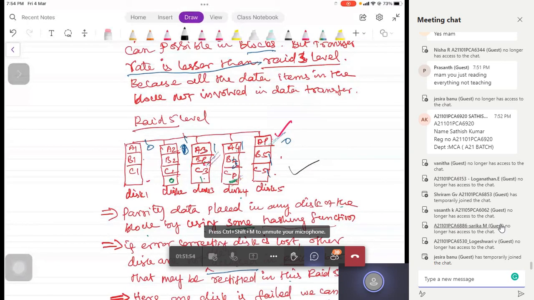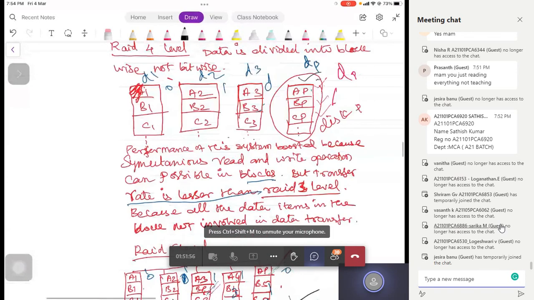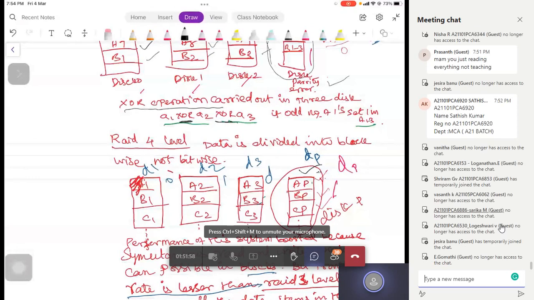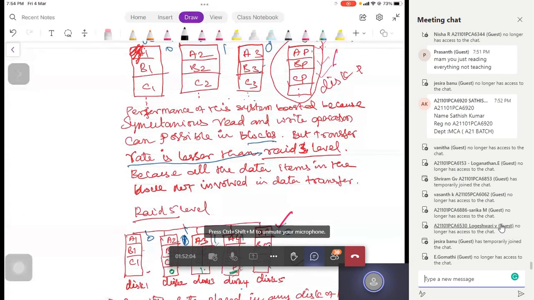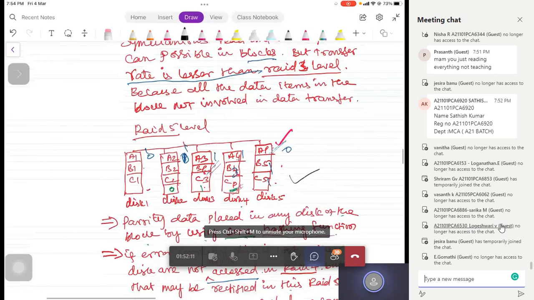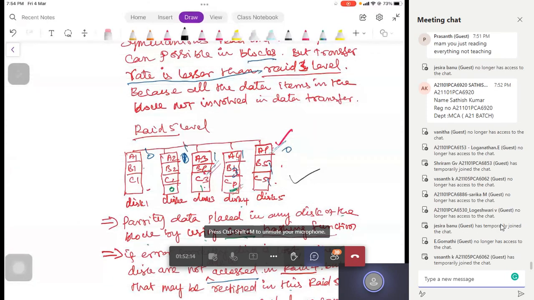Next is RAID level 5. Here, if the parity block disk crashes, the whole information is lost. That's why the parity block is stored randomly in any one of the disks, using a hashing function.